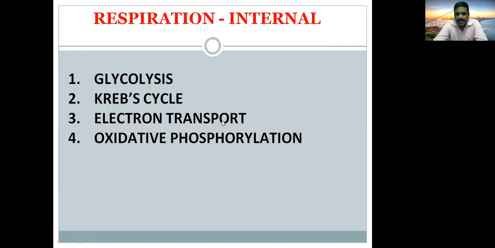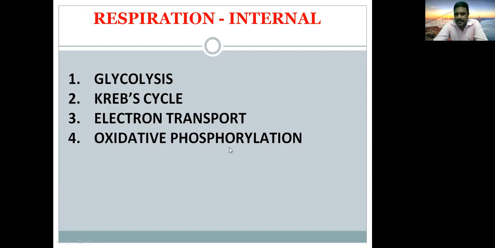In this process, some energy will be generated. That energy will be utilized in oxidative phosphorylation to produce ATPs. So the purpose of respiration is to produce ATPs, and ATPs are the form of energy that our body can utilize.